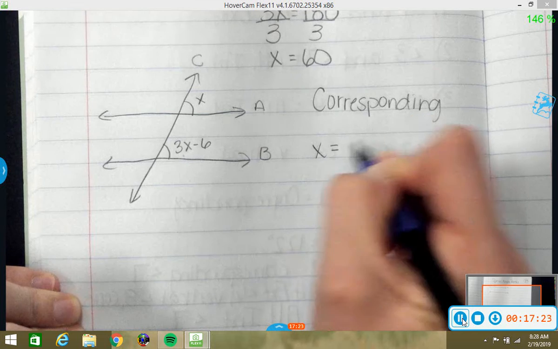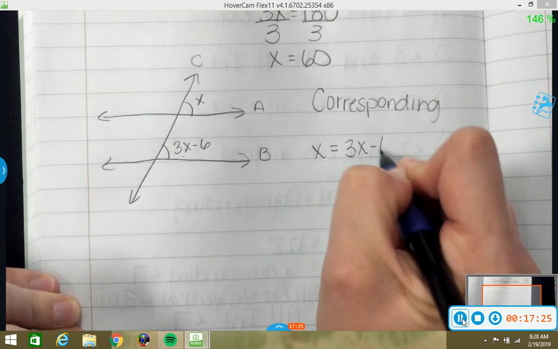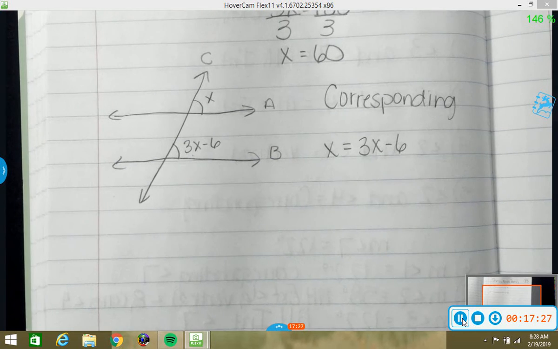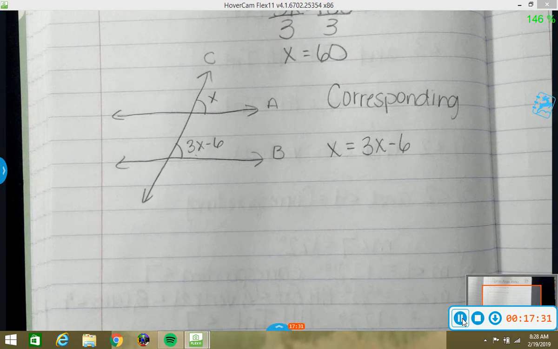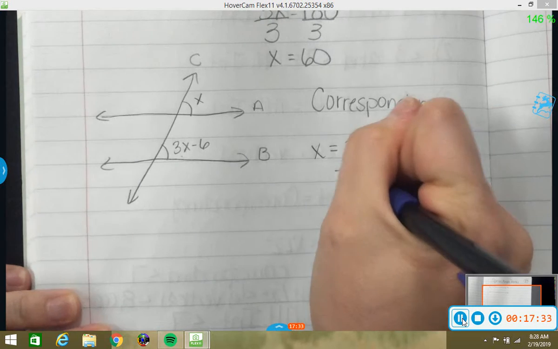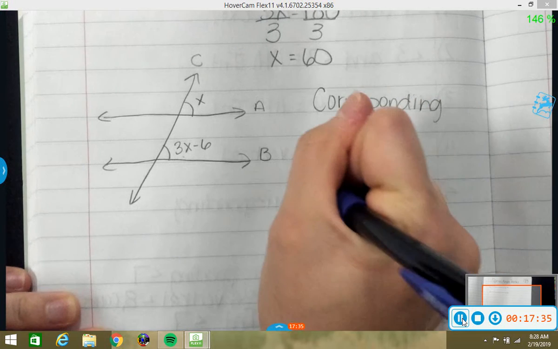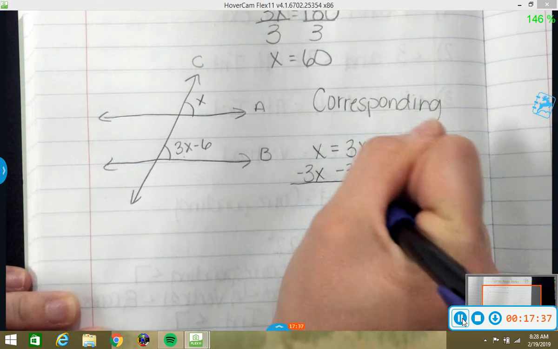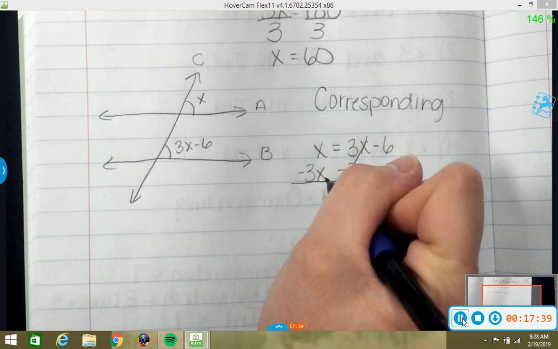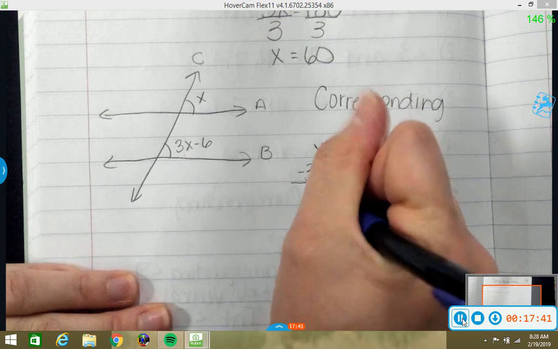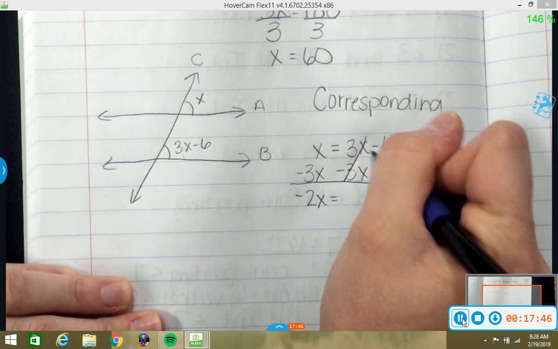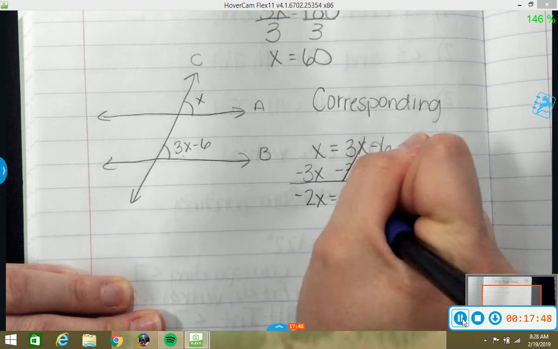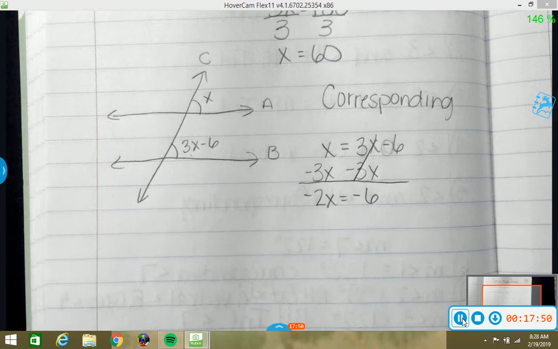So we should have x equals 3x minus 6. And now I need to solve this equation. So what do I do to solve the equation? Subtract 3x. We can't move this x because it would be a lonely farmer then. So x minus 3x equals, and then don't forget your negative sign here. You got to bring it down. So equals negative 6.